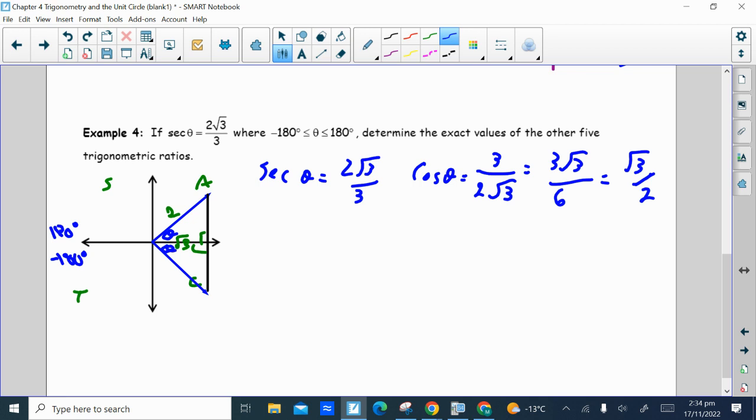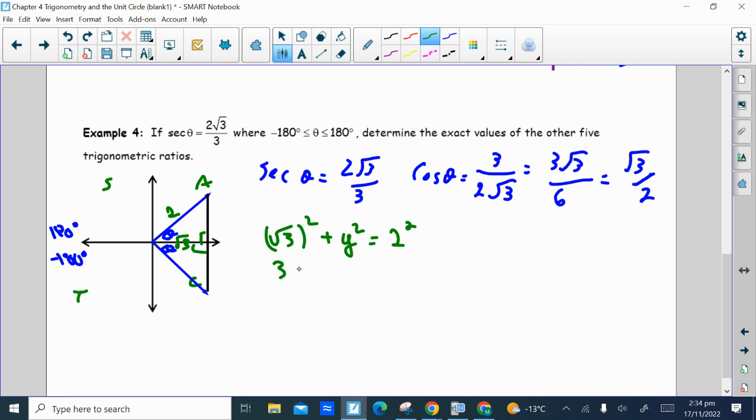In quadrant 1, the opposite side will be positive. In quadrant 2, it'll be negative. You see, when we use Pythagorean theorem here, it'll be root 3 all squared plus y squared equals 2 squared.